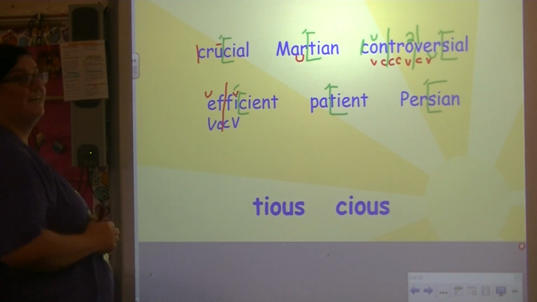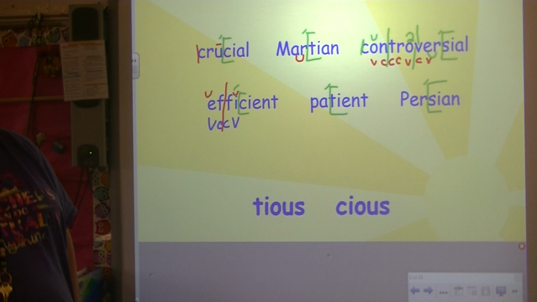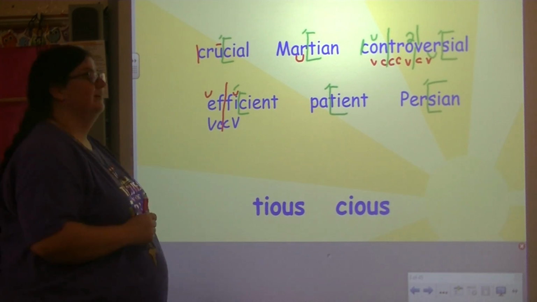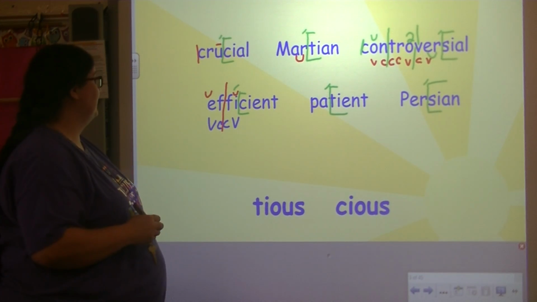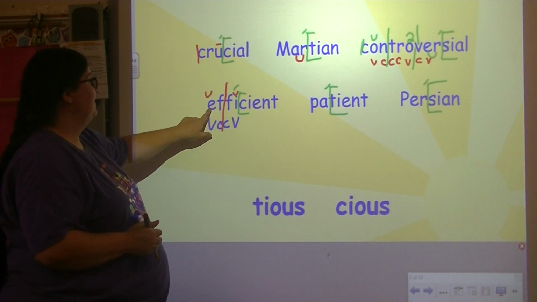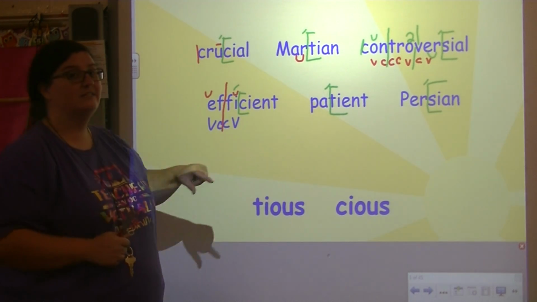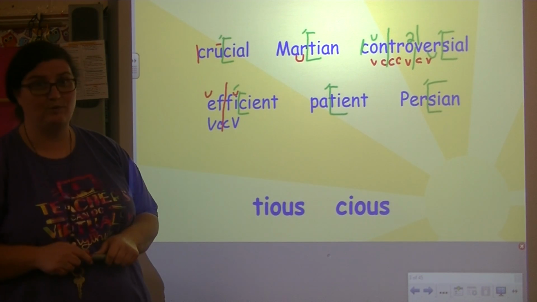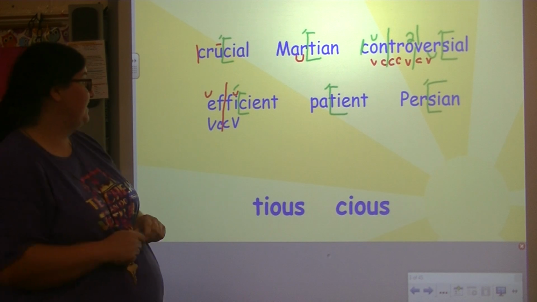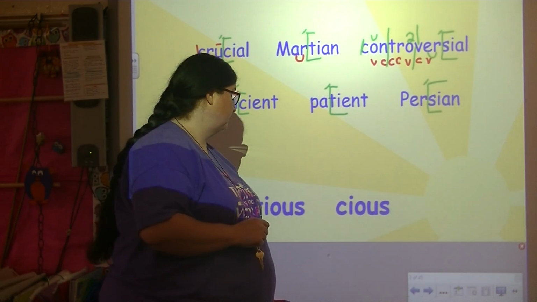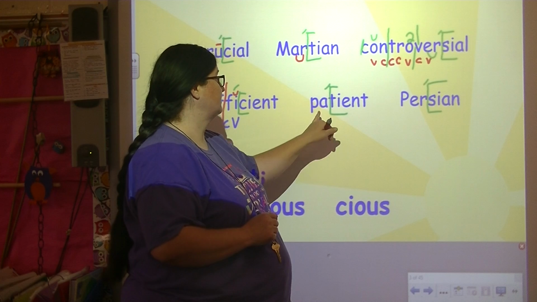And we learned that I is going to be short, even in an open syllable like that. So let's sound it out. Efficient. Efficient. What word? Efficient. If it's running properly, it's efficient.